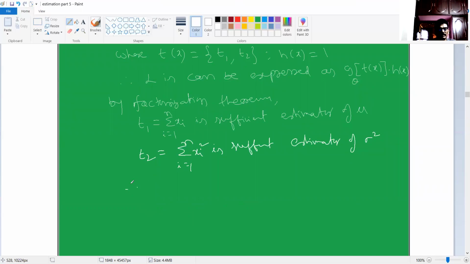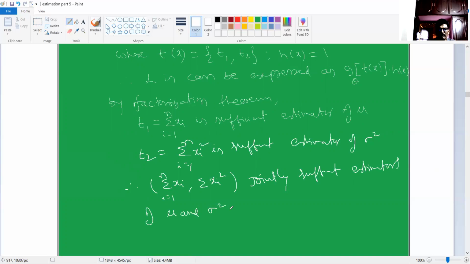Therefore, summation xi and summation xi square are jointly sufficient estimators of mu and sigma square.